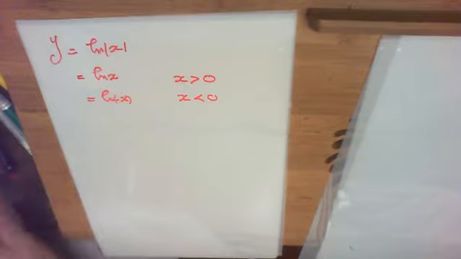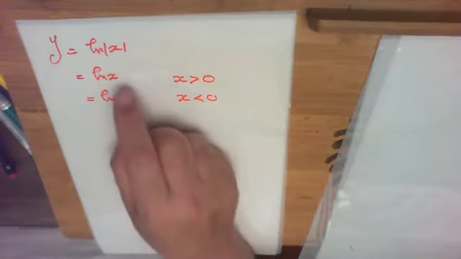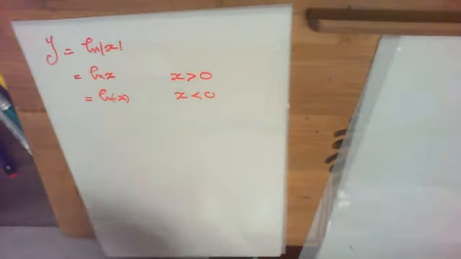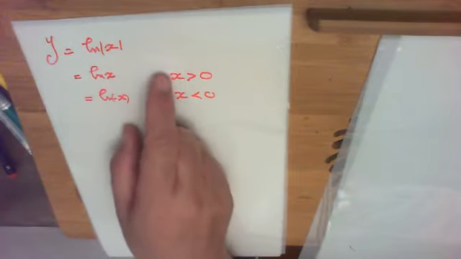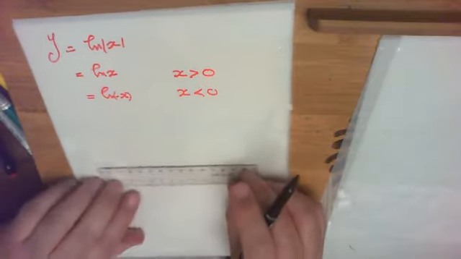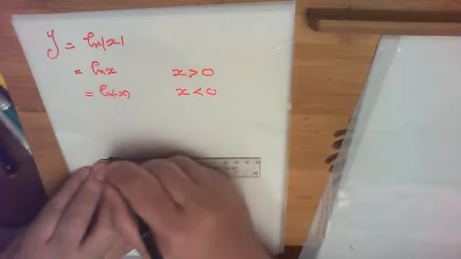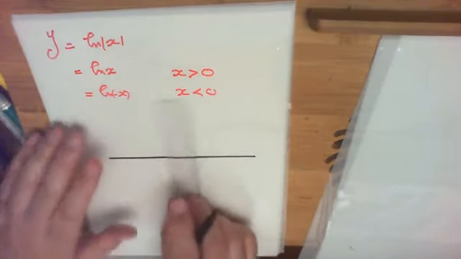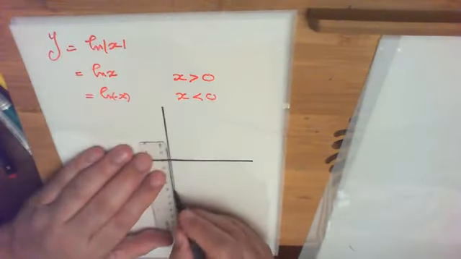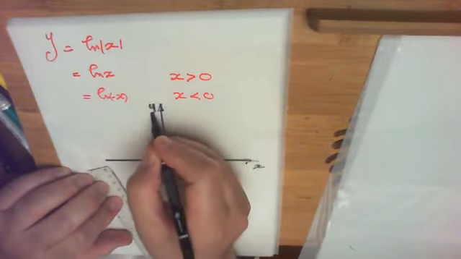Okay, so our function y equals ln absolute x is actually two definitions of the function ln x. So we have ln x to the right and ln minus x to the left. So our curve will be like this. The same standard form to the right and its image to the left of the y-axis. This is the original y.